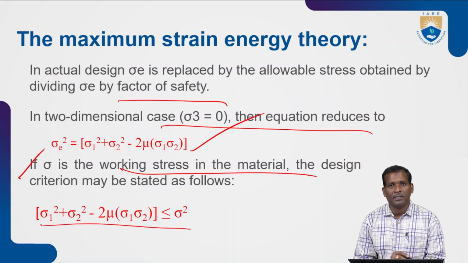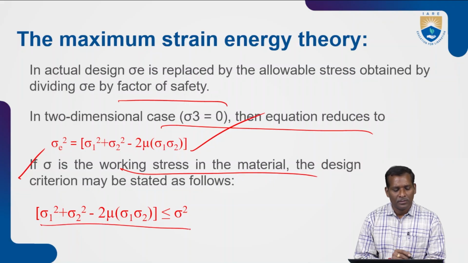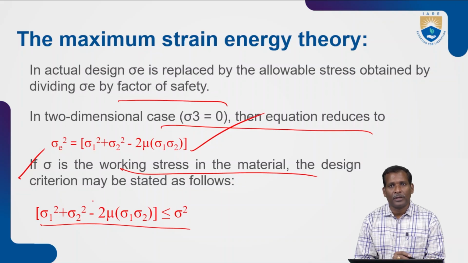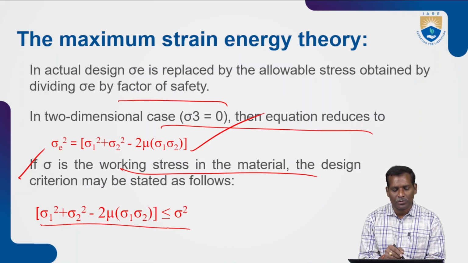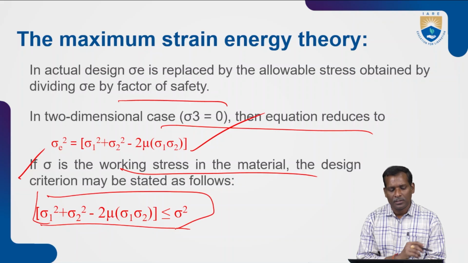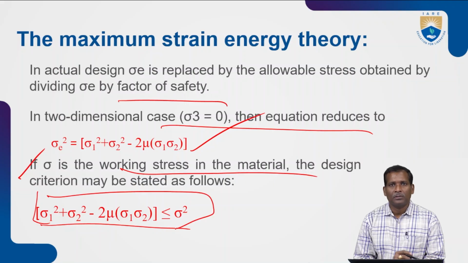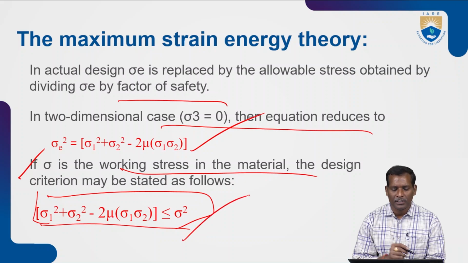So what is the design criteria? Sigma 1 square plus sigma 2 square minus 2 mu sigma 1 sigma 2 less than or equal to sigma square.